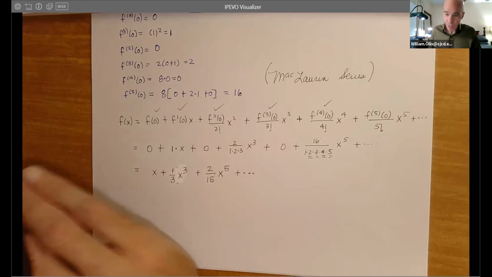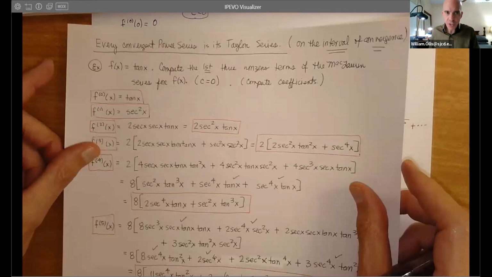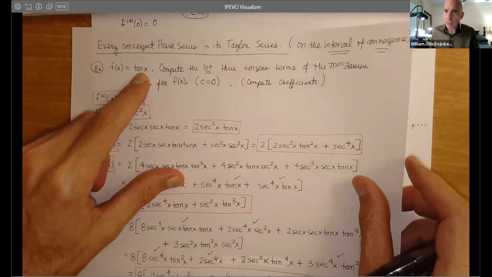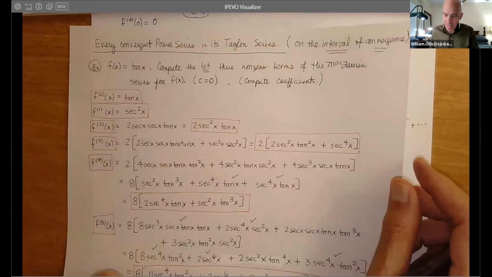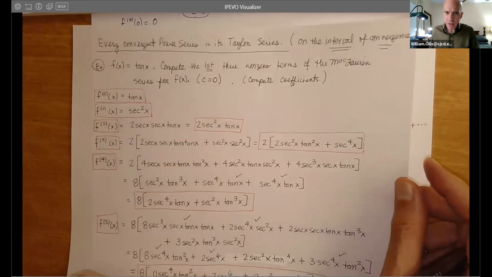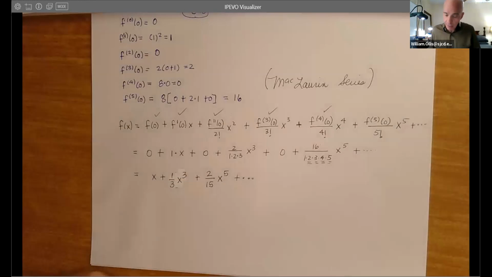And in this case, we can't use anything geometric here because we don't have the calculus to support it. We just work with the Taylor coefficients. And the tangent function doesn't have easy derivatives. They're doable, but they're not easy.